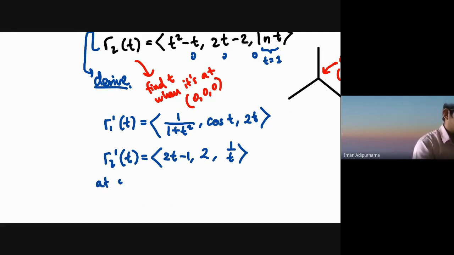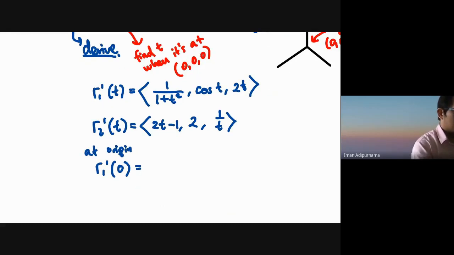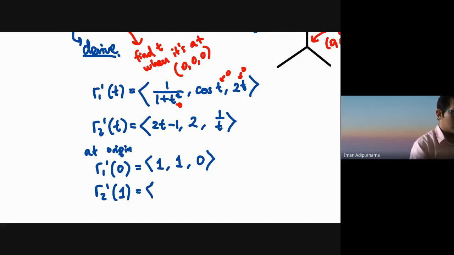Now at origin, as we mentioned before, we put the first equation with t equals 0, and we will get the first one is 1, 1, and 0. And the second tangent, the R2 tangent, we put t equal 1. So this is 1, 2, and 1.